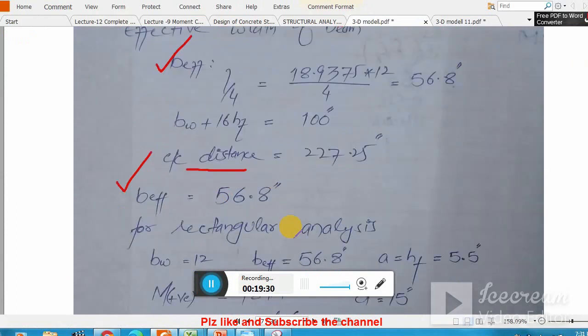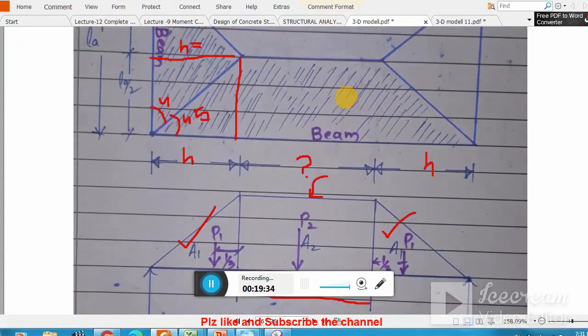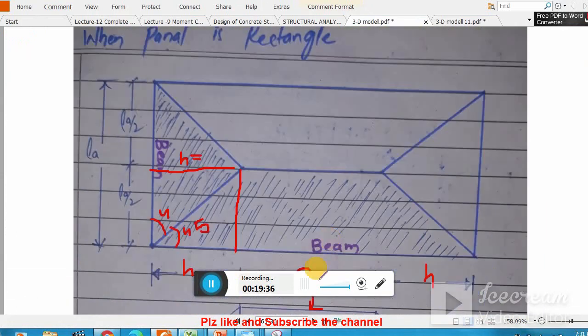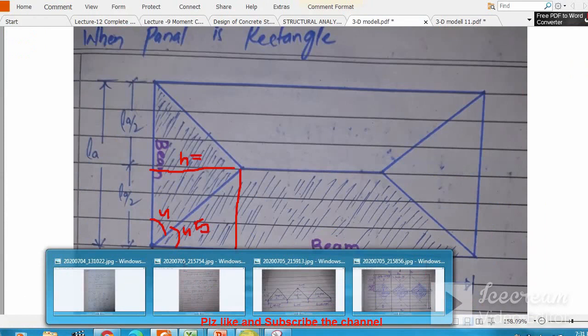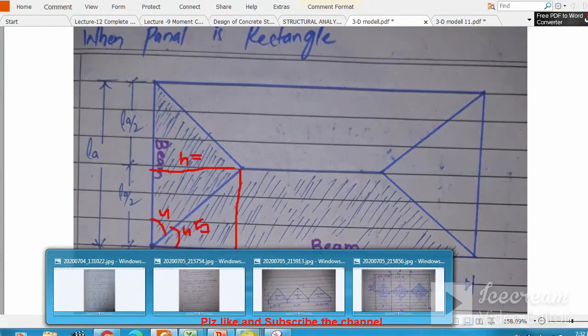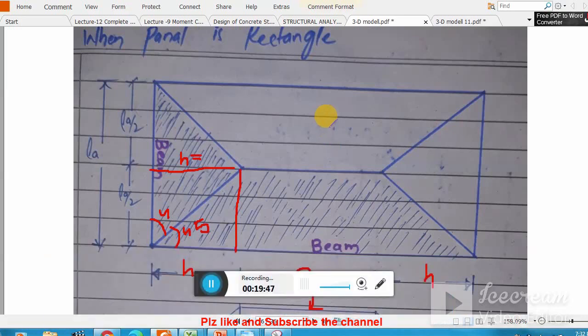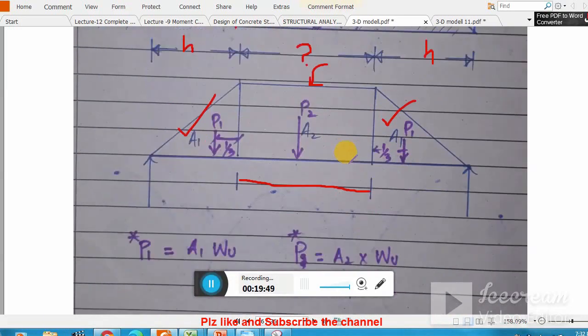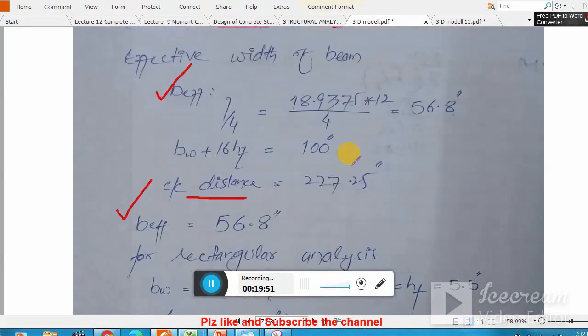Now for rectangular analysis, remember whenever we have positive moment, for positive moment basically we check whether a T-beam analysis or a rectangular beam analysis is needed. Remember, if you have a continuous beam system, let me show you.